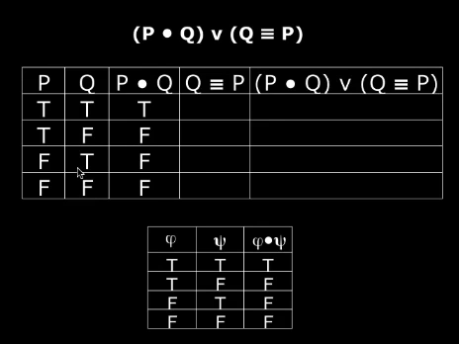Now you're going to fill out the truth column for each of the compound statements. How are we going to do that? Well, in this column we have a conjunction. And remember, the truth of a conjunction is a function of the truth of its components, the conjuncts.